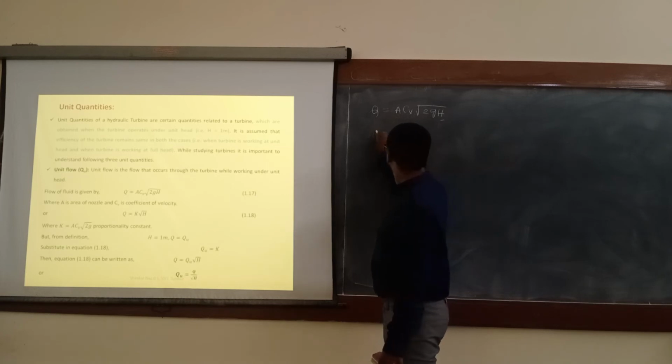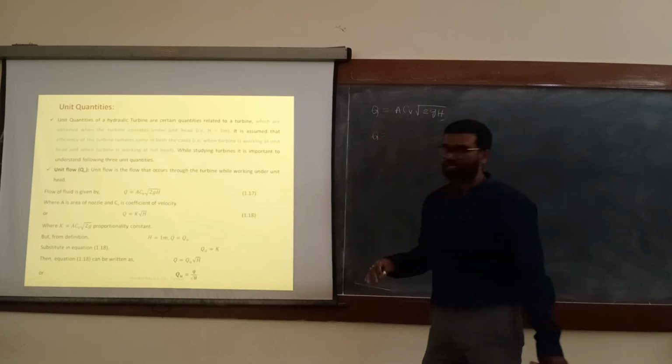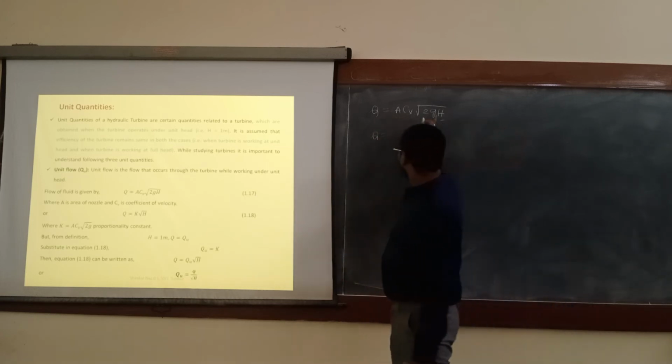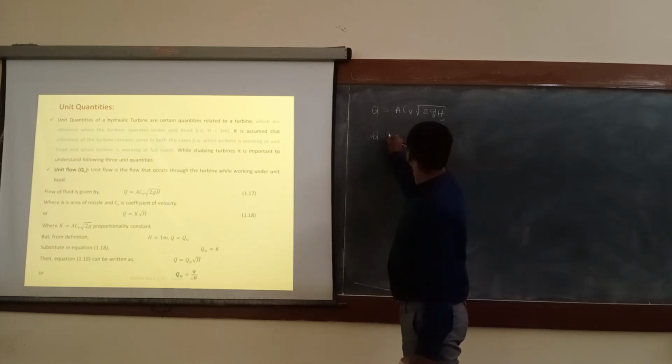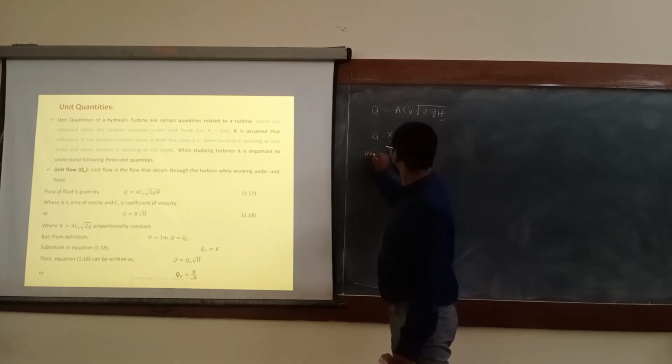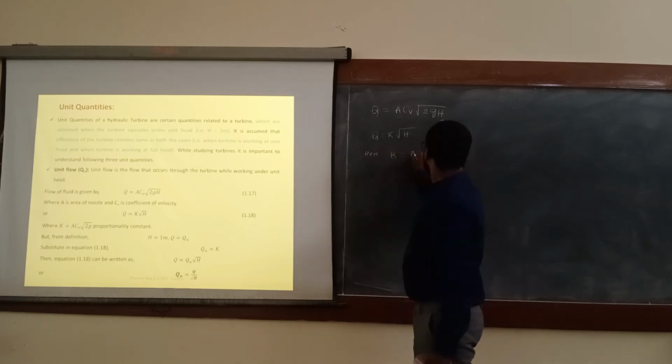So instead of having so many constants, all are equated to a single constant K, so Q equals K root of H. Here K means A Cv root of 2g.